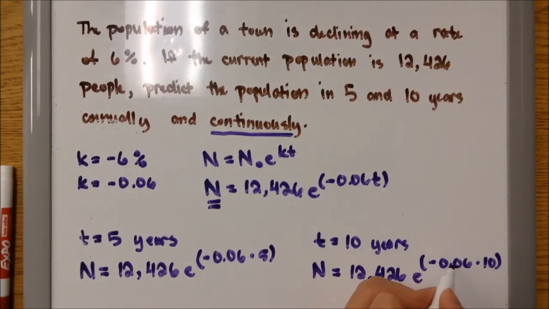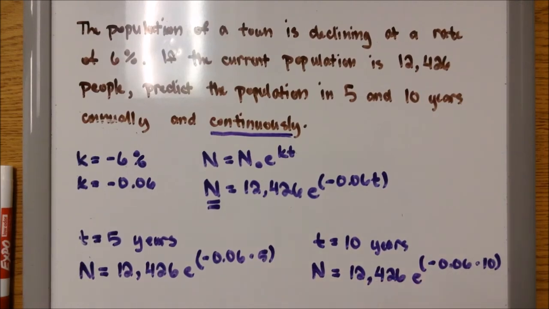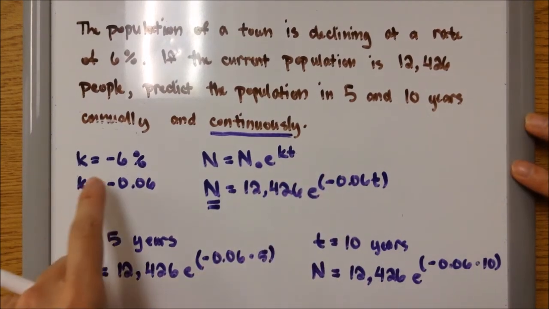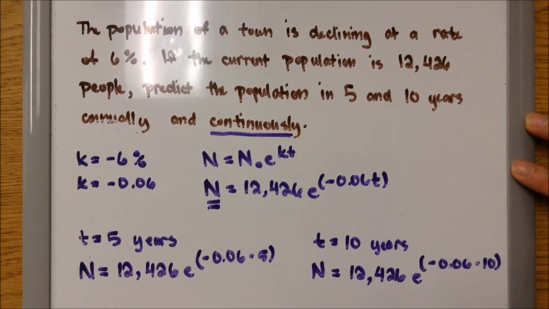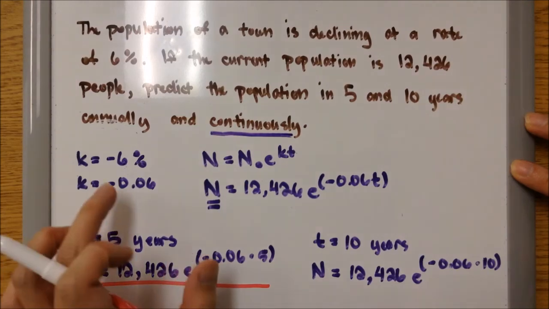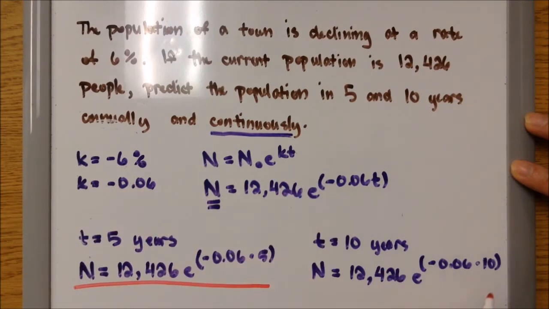Now don't mix up the decimal point and the multiplication point here. So the model for when it's continuous at negative 6% for 5 years, this is the one you would use. If it's continuous at negative 6% for 10 years, this is the one you would use.